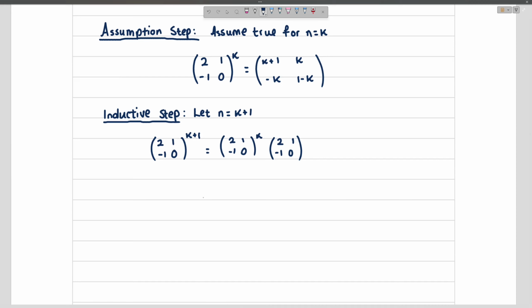So let's just replace that then. So [k plus 1, k; -k, 1 minus k] there. And we times it by this matrix here, [2, 1; -1, 0] there. Okay.